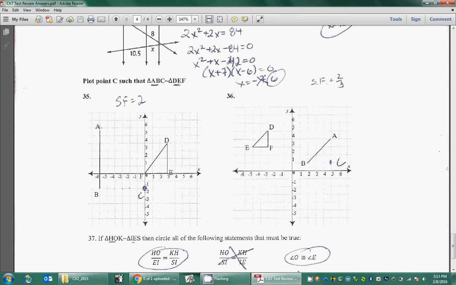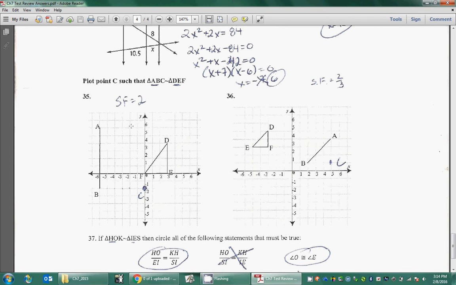So if I have AB here, you'll notice that it is 8 long. DE over here is 4. So that means this ABC has to be twice as big, which means BC has to be twice as big as EF. So EF was 3, BC has to be 6. So from B, I've got to count over 6. That's where I can put it.